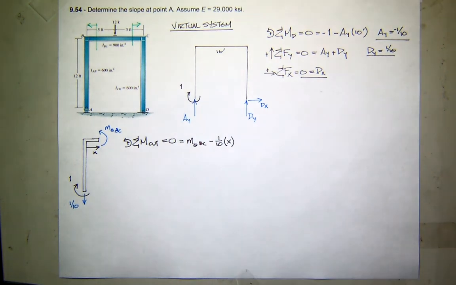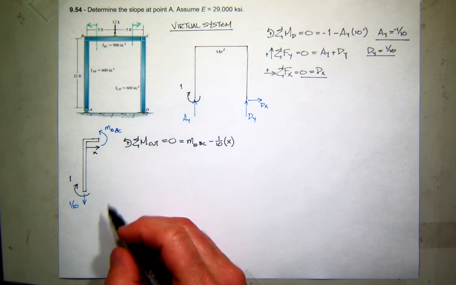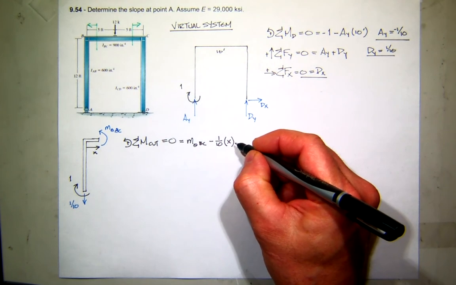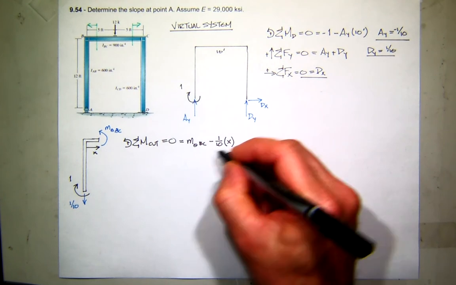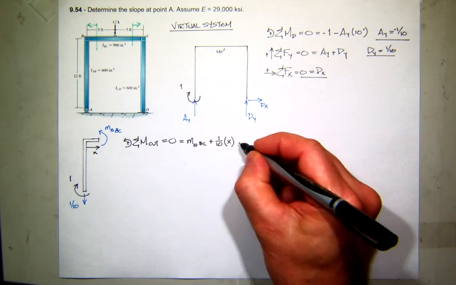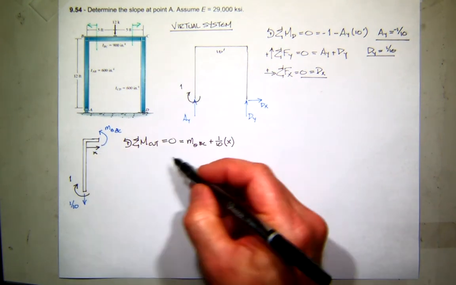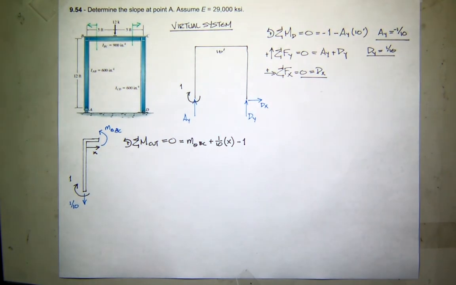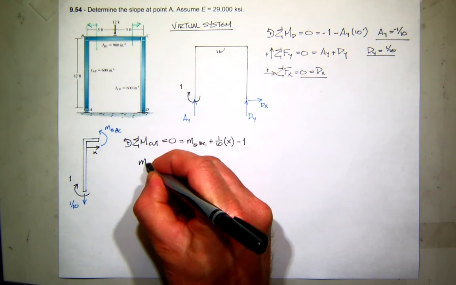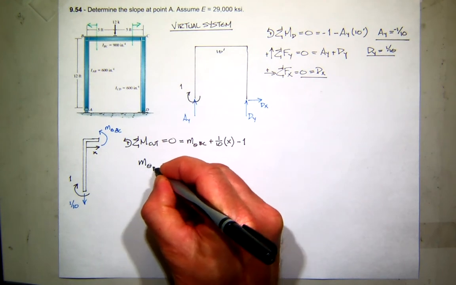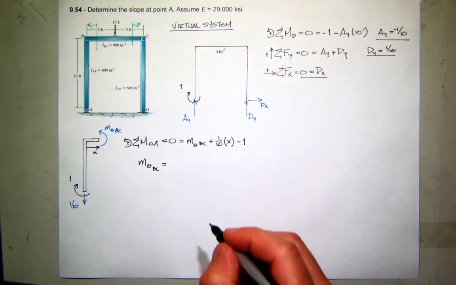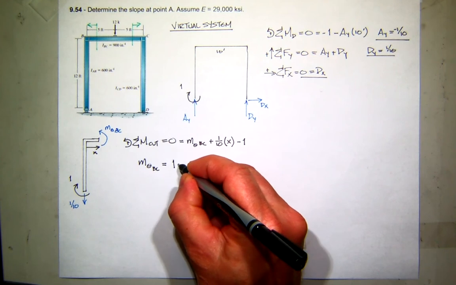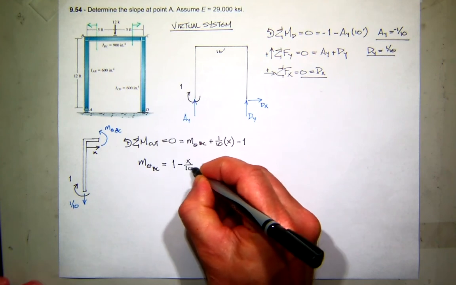X. And then what else do I have? I got this guy, which is negative. Oh, I did that wrong. This should be positive, right? Because about the cut, it's creating positive moment, right-hand rule. And the other one is negative, so that's -1. So there's all the pieces. So now my internal moment in this section of BC is just equal to, it looks like it's going to be 1 minus x over 10.